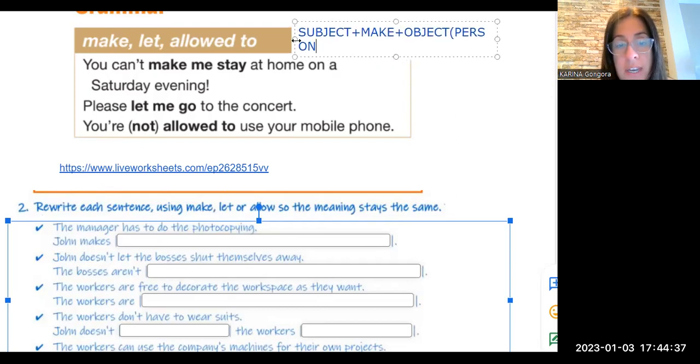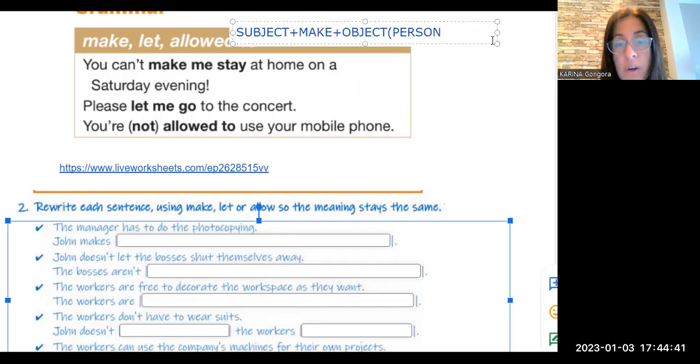Look, I'm going to put it here so that I have the space. There you go. The person doing the action, yes? And then after the person, esta es la parte súper importante, we have a verb in the infinitive, but without to, sin el to, okay? Sin to. Por eso dice, make me stay.